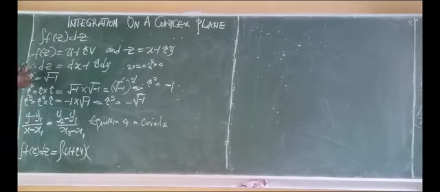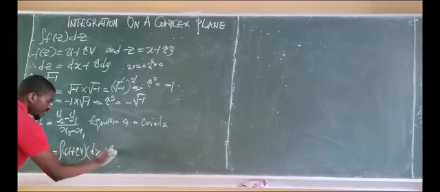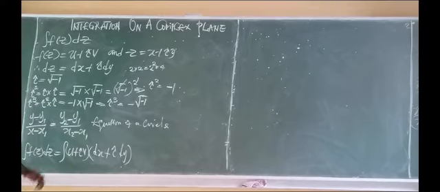You've already worked out dz and obtained dx plus i dy. Now you have to expand this function and then you start solving from there, employing every other thing, the idea of complex numbers, the idea of the equation of the line, and then you can solve from there.